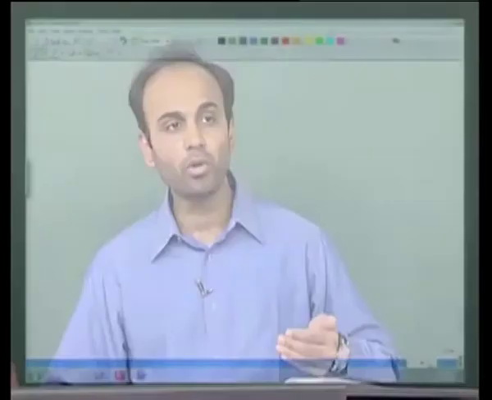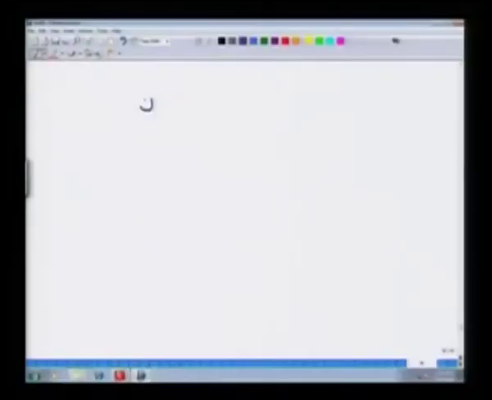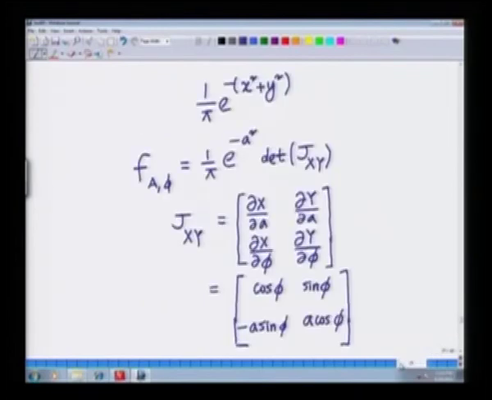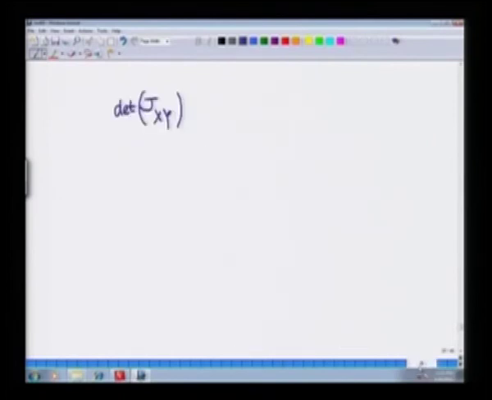We now want to compute the determinant of this Jacobian matrix. Let me go back to the previous slide. If you look at the Jacobian matrix, one can clearly see the determinant is cosine phi times a cosine phi, that is a cosine square phi, minus a sin phi into sin phi, that is minus a sin square phi. So, let me write this down.